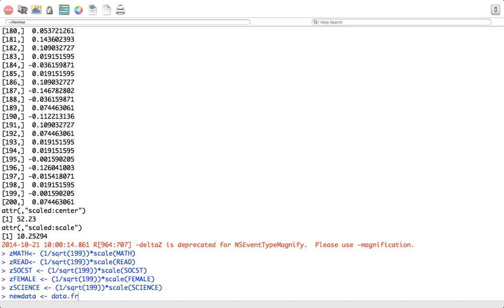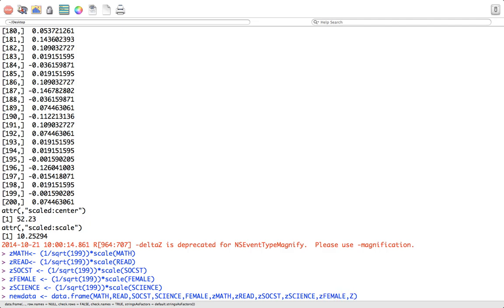Anyway, if we want to organize our work, we could create a new data set and use a data frame. And we could have math, read, social studies, science, gender, and then we could include ZMath, ZRead, Z social studies, Z science, Z female.